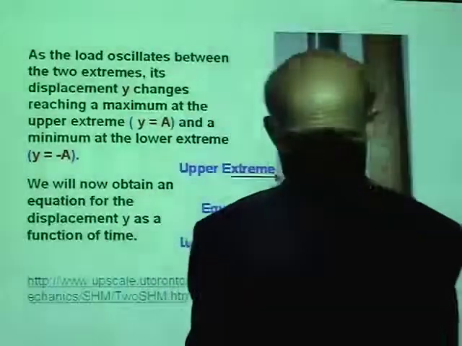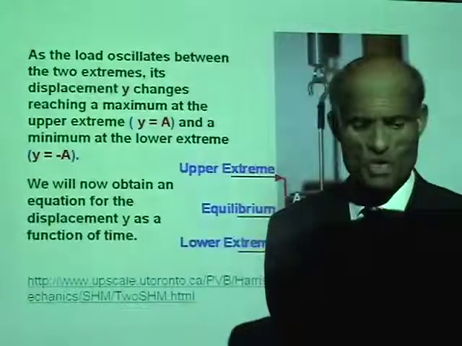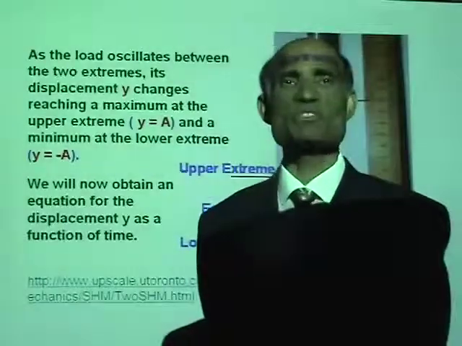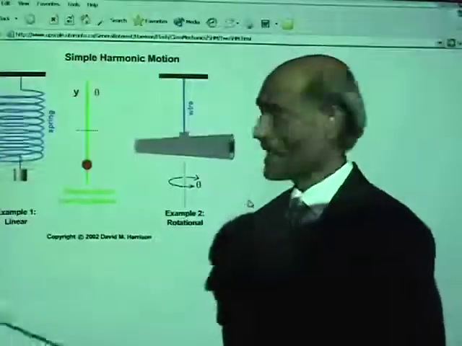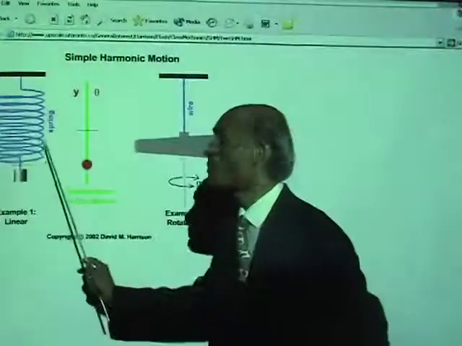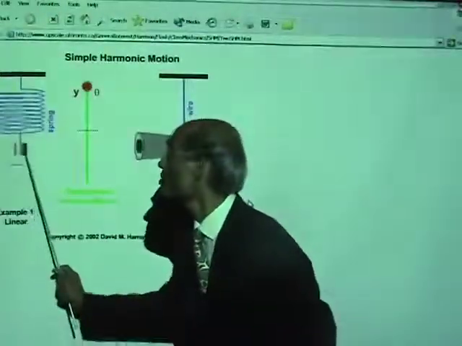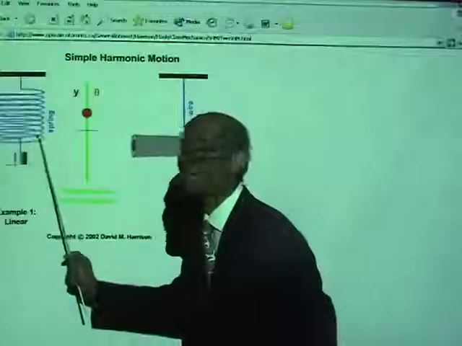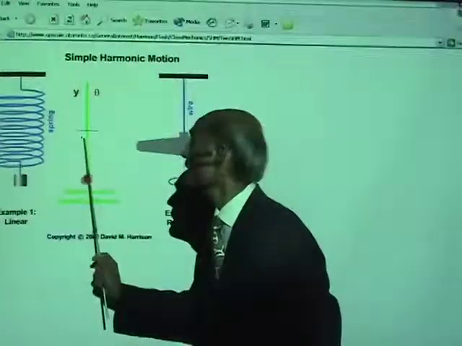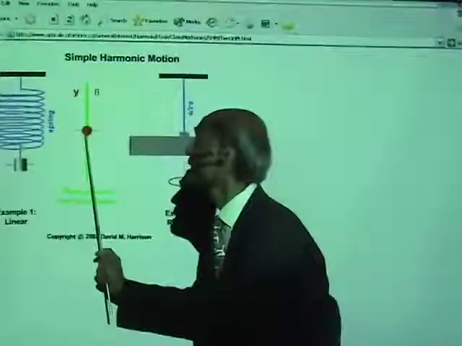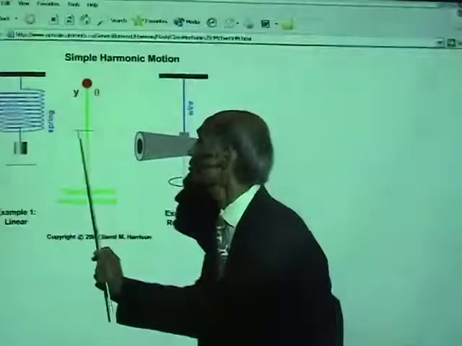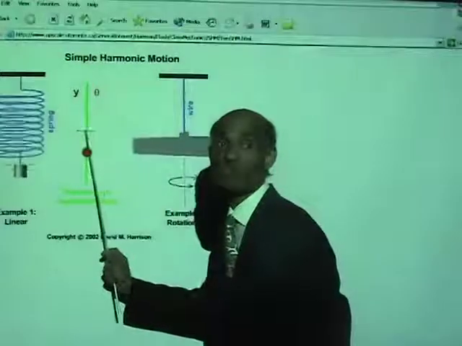Now, before I do that, I would like to show you a couple of examples of oscillations. Now, look at the same example here. The loaded spring is oscillating up and down, and look at how y changes. Y is 0 here. This is the equilibrium position.